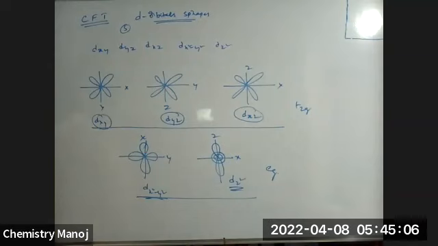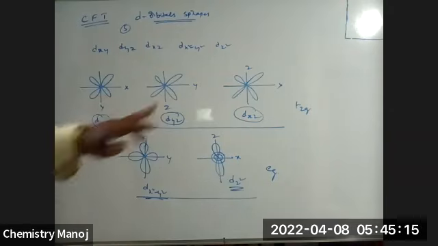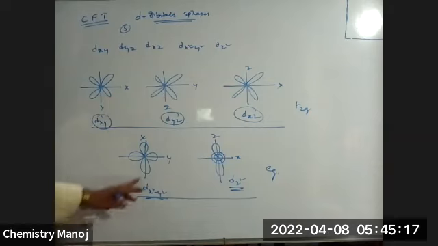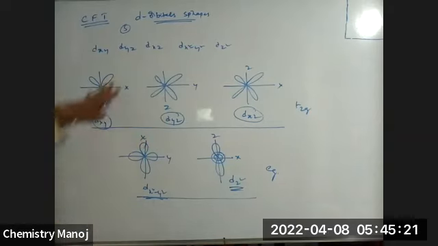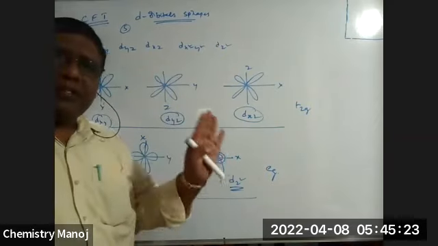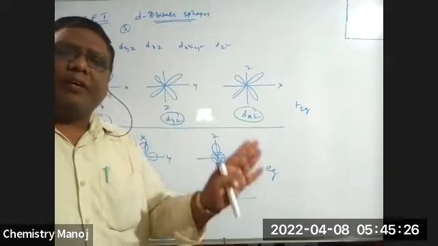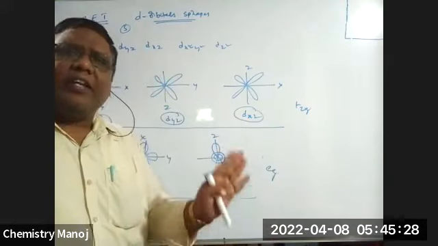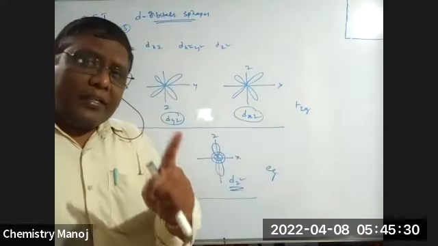Do you have any doubts? Because of the variation in electron density between and along the axes, the three orbitals between the axes are t2g orbitals, triply degenerate, and the other two are eg orbitals.